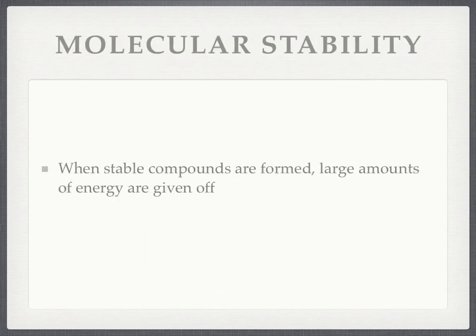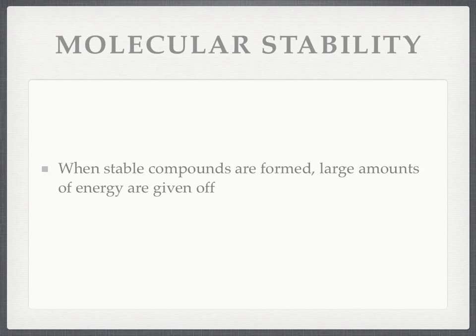And as far as stability, the more stable compounds usually give off energy because the bonds that are formed have lower energy. In other words, if the bond takes less energy to be formed or to be maintained, then that's a fairly stable thing. So molecules are always trying to get to more stable configurations.